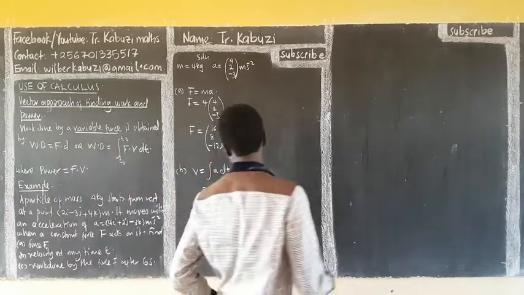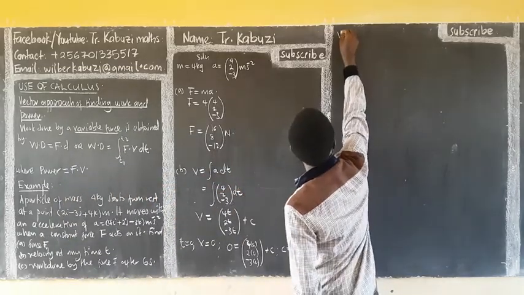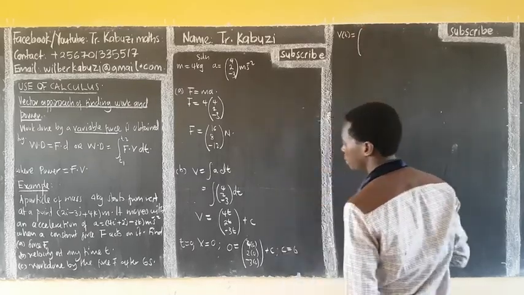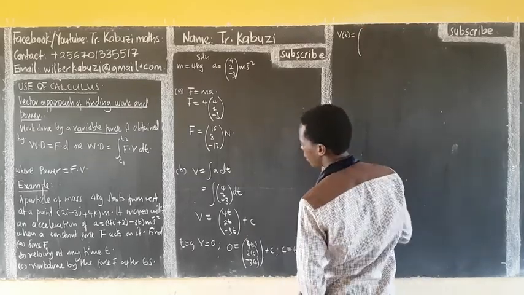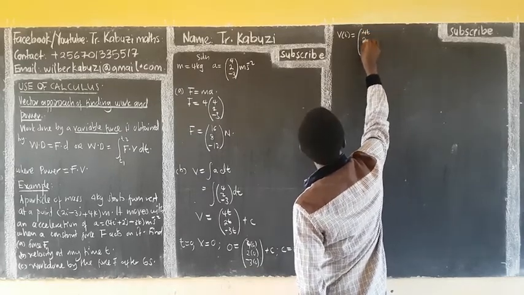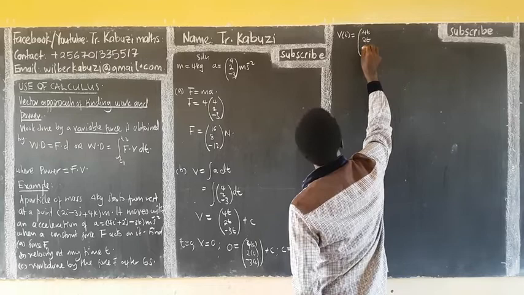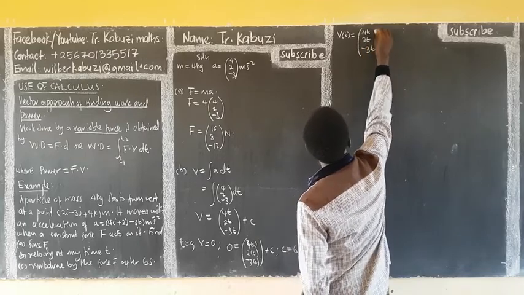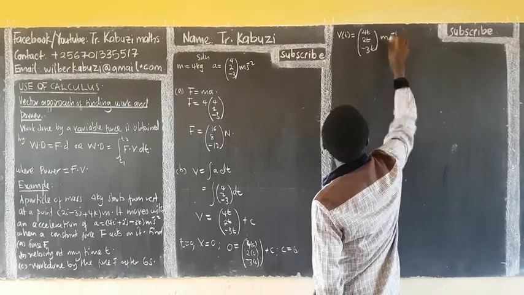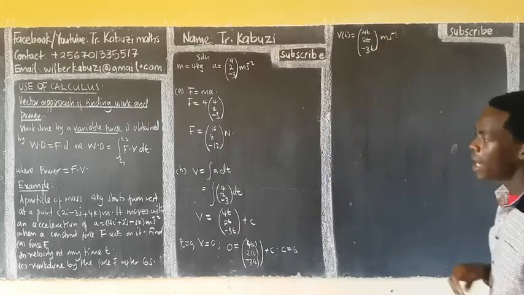So writing our velocity back, v at any time is going to be (4t, 2t, -3t) meters per second. That's what we have there.